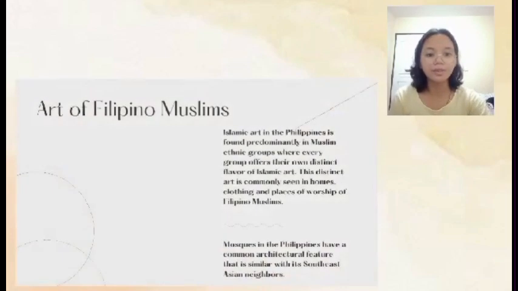Islamic art in the Philippines is found predominantly in Muslim ethnic groups, where every group offers their own distinct flavor of Islamic art. Islamic art is commonly found in Muslim homes, clothing, and places of worship of Filipino Muslims.